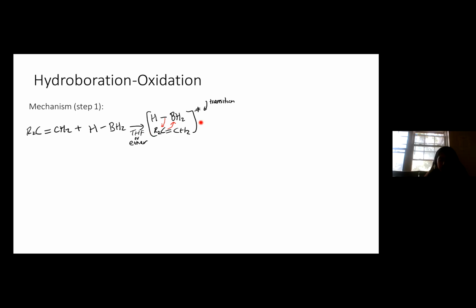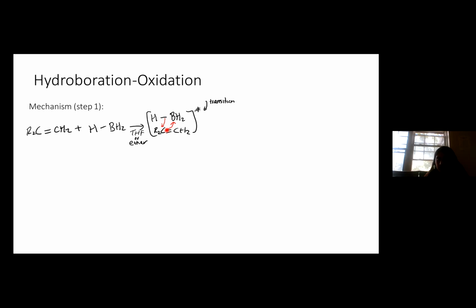So let's focus on what is occurring here. Essentially, this is a concerted transition state step. So these two things are occurring at the same time. So again, that's why there's no carbocation intermediates and no methyl or hydrogen shifts. So we don't have to worry about that. So we have this bond from the double bond, right?